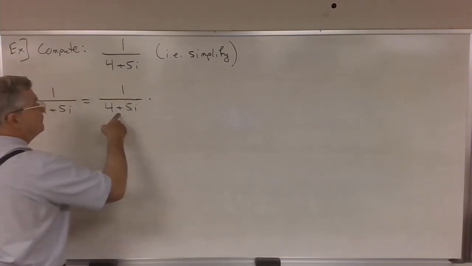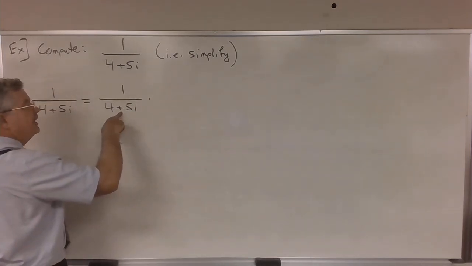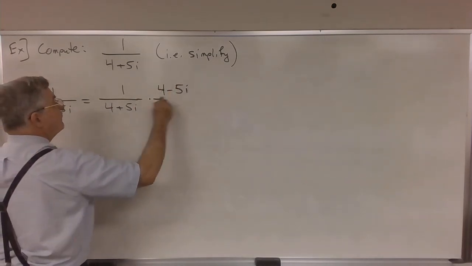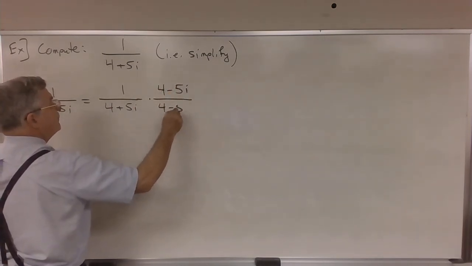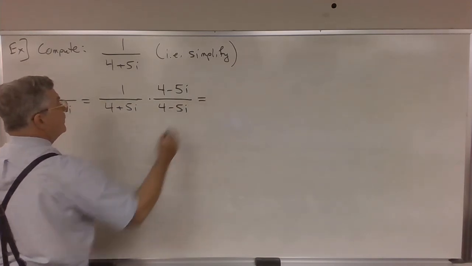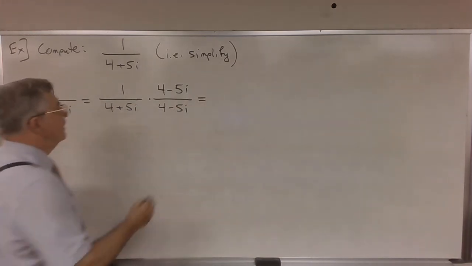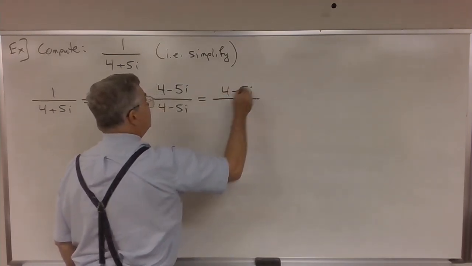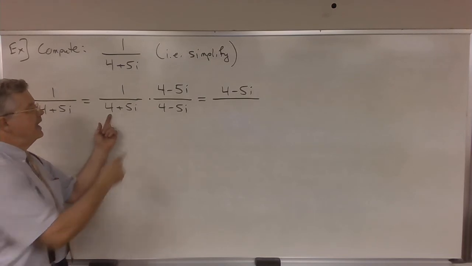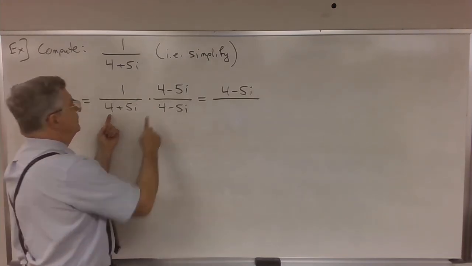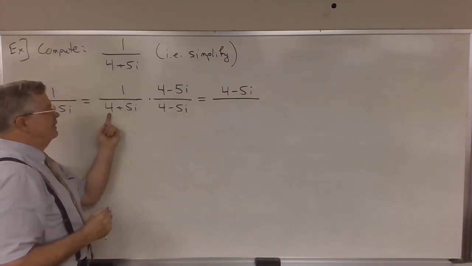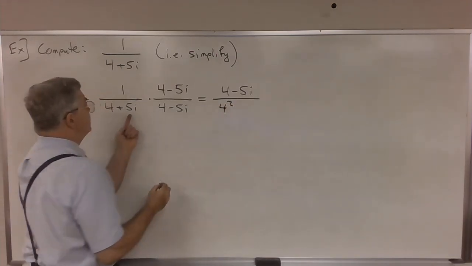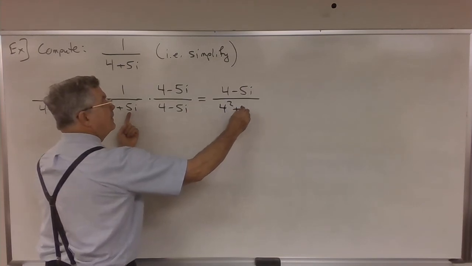So, conjugate of the denominator, just change the sign of the imaginary part. 4 minus 5i. 4 minus 5i. Beautiful. And on top we get 4 minus 5i. On the bottom we get the real part squared, 4 squared, plus the imaginary part squared.